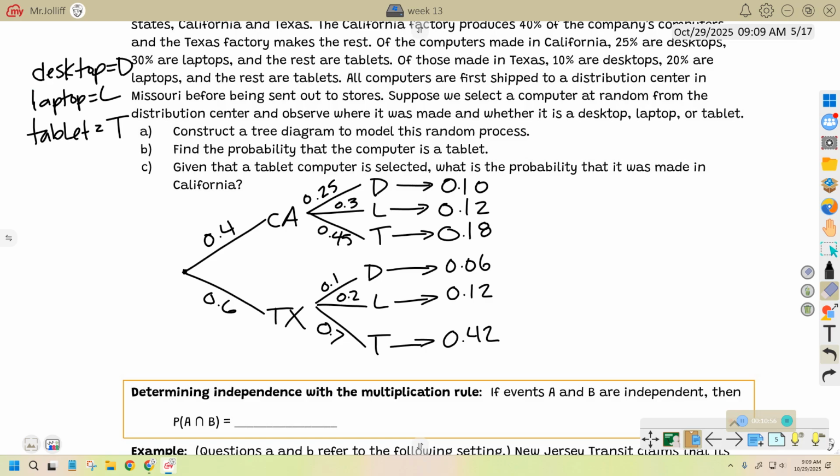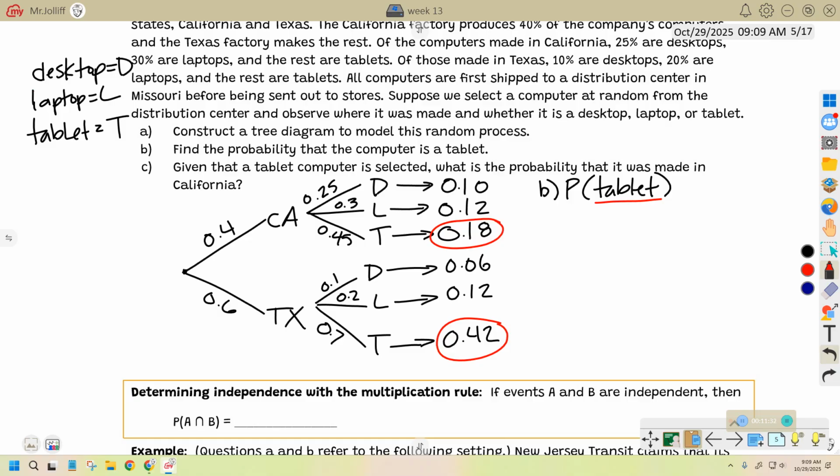And they ask us, find the probability the computer is a tablet. I want P(tablet). I'm going to go through my tree diagram. I'm going to circle all those outcomes in red. So I'm looking for outcomes that are tablets. I can have a California tablet, or I can have a Texas tablet.